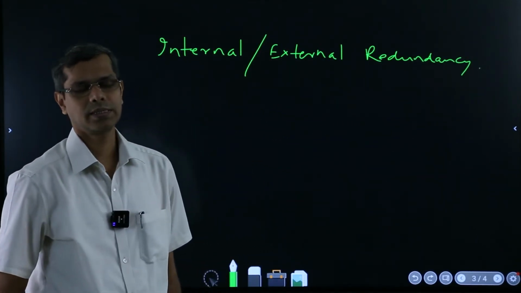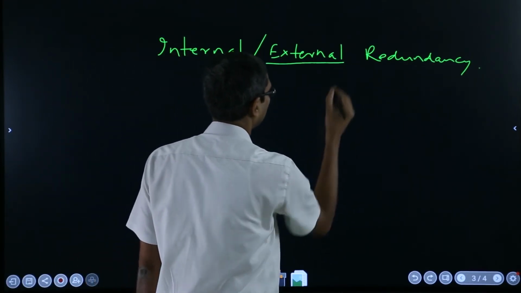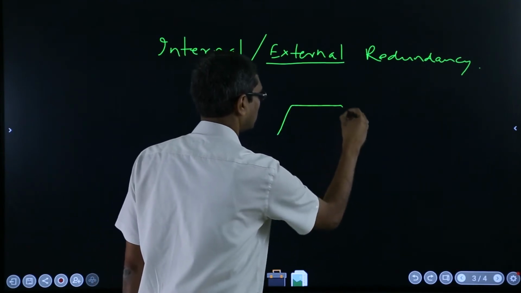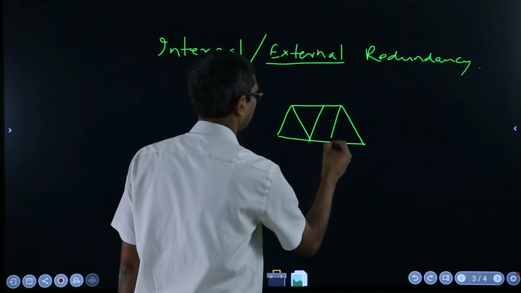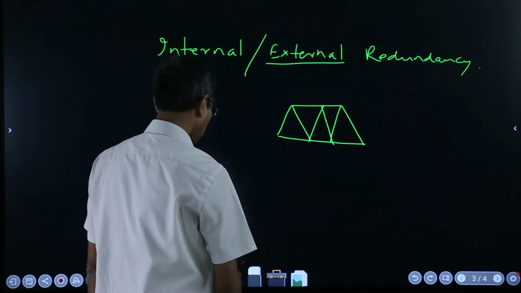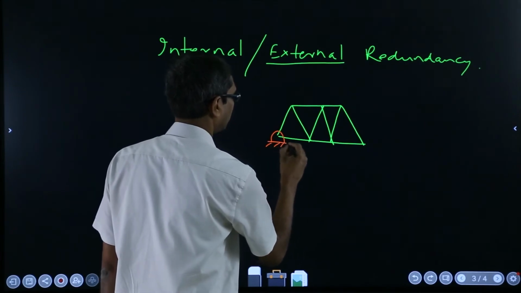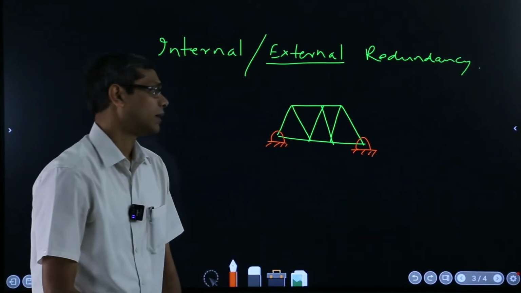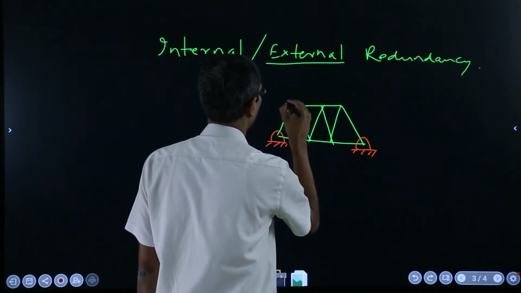Now what it means is, let's first talk about external redundancy. That means if you have a truss, something like that, whatever, and then you have some supports, and let me put another one here, could be like this.